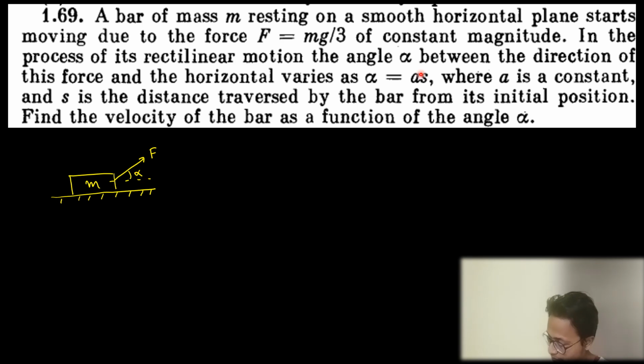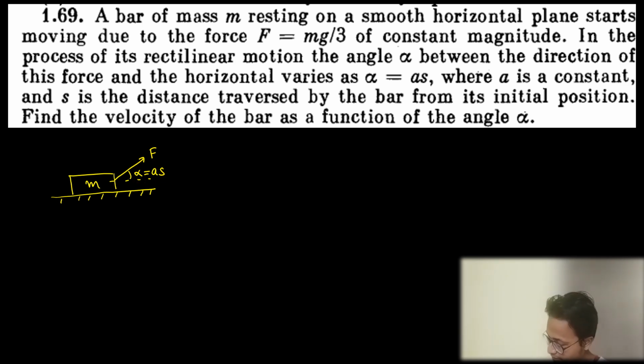So alpha would be nothing but some constant into the distance. Initially the force was in this direction. As the body keeps moving in this direction, what happens? The angle of the force rises upwards, or this force vector becomes in this direction. So out here alpha is equal to a into s. Out here alpha is not constant.